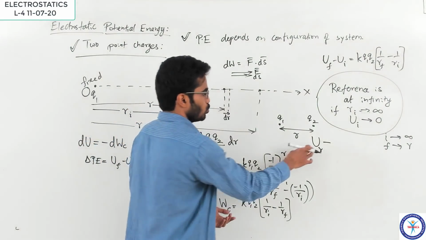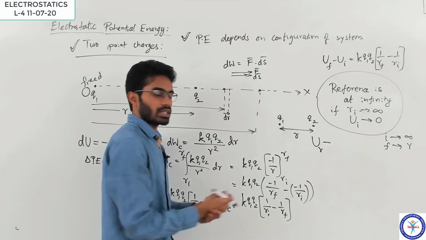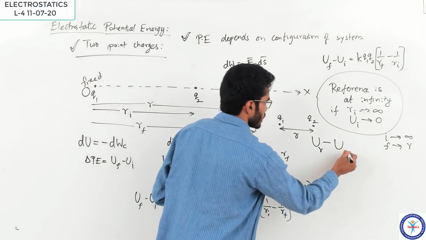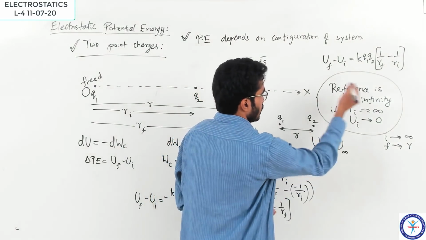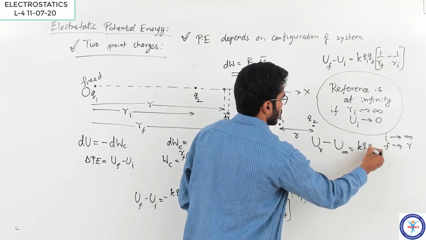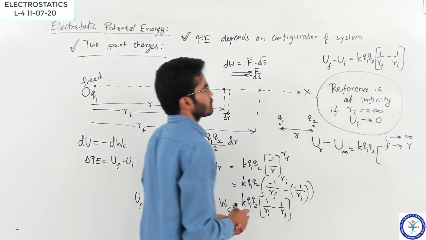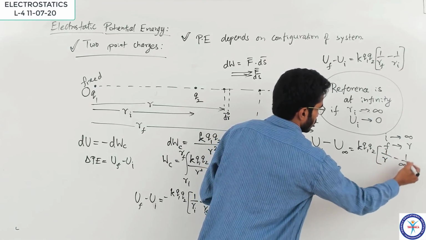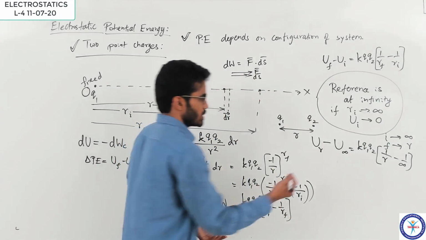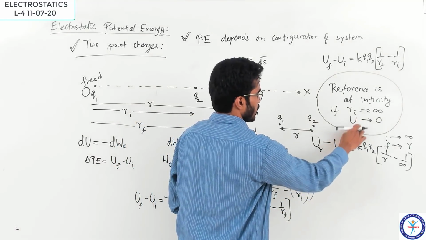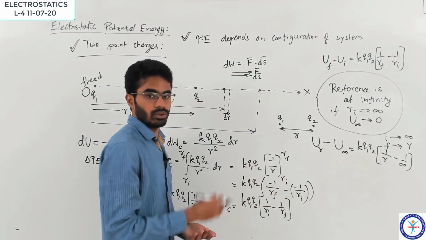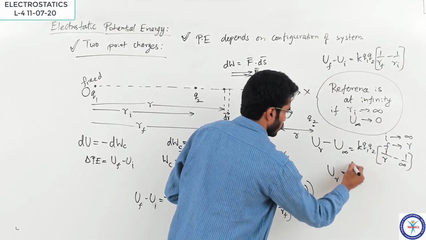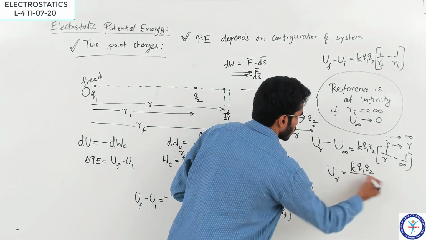Now substitute: U final, that means U at the configuration when the distance is smaller, minus U initial, when the separation is infinity, is equal to k q1 q2 into 1 by rf. rf is the final r, infinity is ri. So since U at infinity is taken to be 0, the potential energy in such a configuration is k q1 q2 by r.